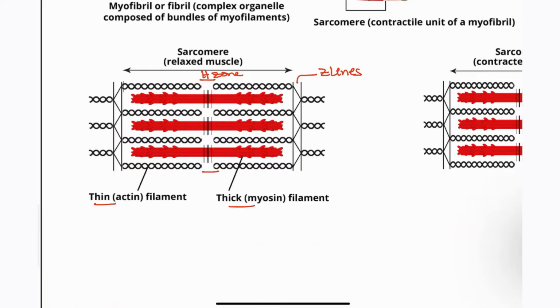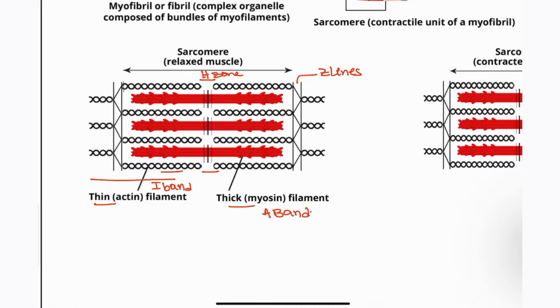Here these are the thick filaments, myosin. And these are the thin filaments, the actin filaments. All right, so this is known as the I band, and here this one is known as the A band, right?